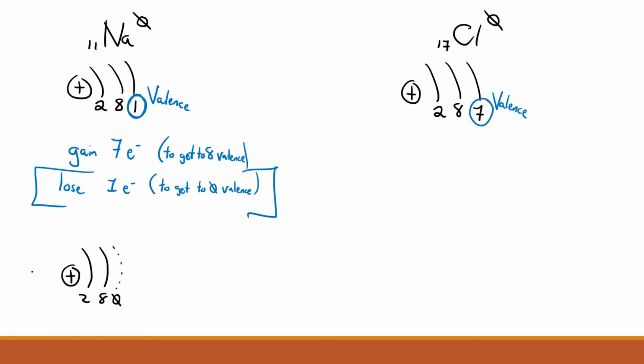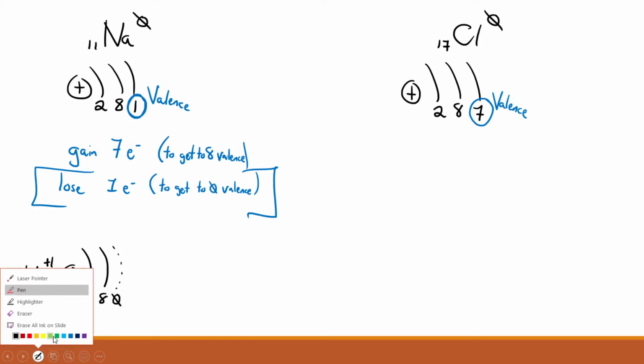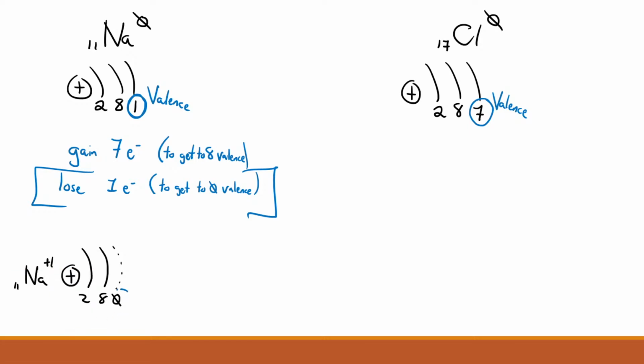And now our sodium, which has lost 1 electron, is going to have a charge of positive 1. This ion is now positively charged. And it did what it wanted. It now has 0 valence electrons, which is great. That's what every atom wants. They want to get to 0 or 8.